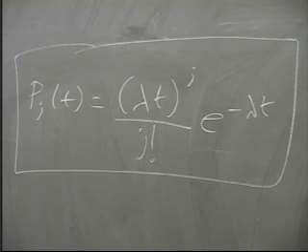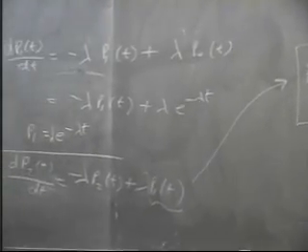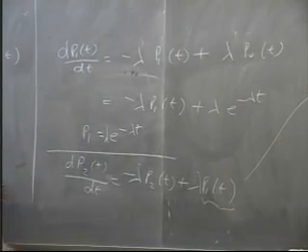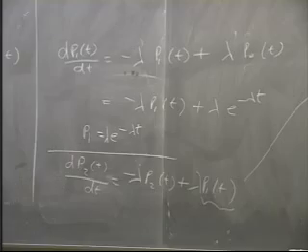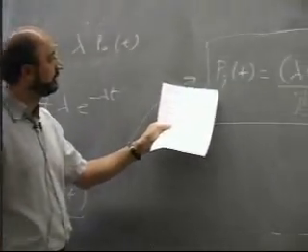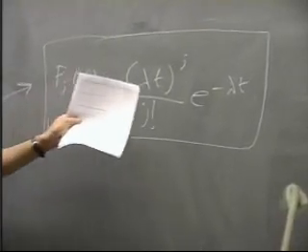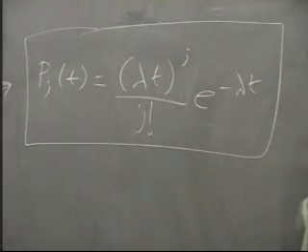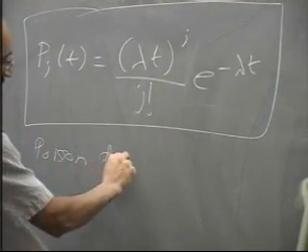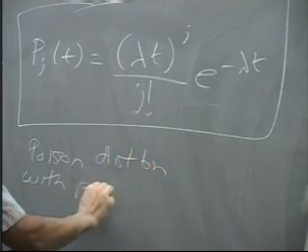And so I have the time evolution of each state right here. This is exactly what I was saying earlier. So what does it mean? It means the probability of having a population of size j at time t is this, and this is nothing but a Poisson distribution with parameter lambda t.